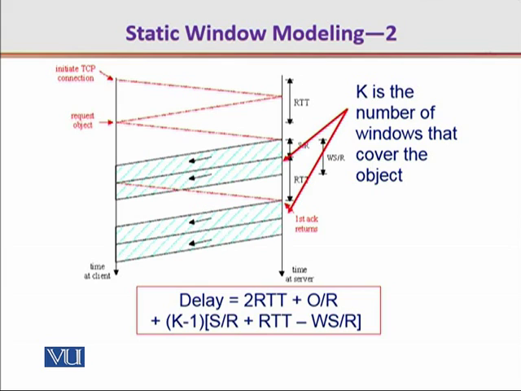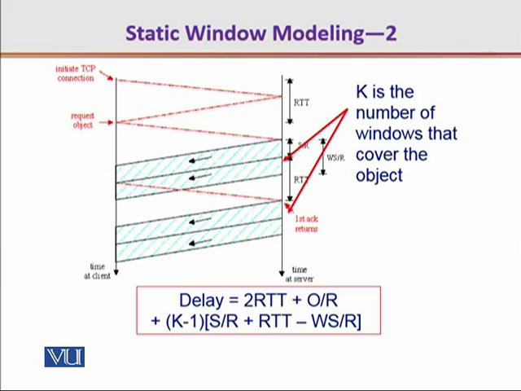Stall time is the idle time when the server is doing nothing because it has sent window worth of data and it is expecting an acknowledgement, and the time has elapsed and no acknowledgement has reached so far. So this stall time is an additional time that we see here in the case of the static window.